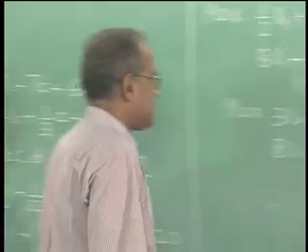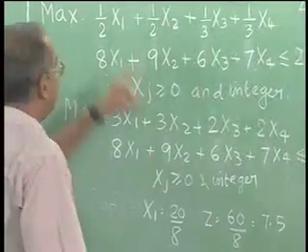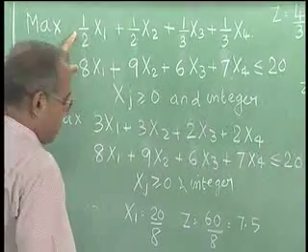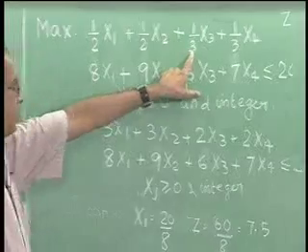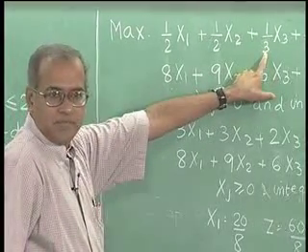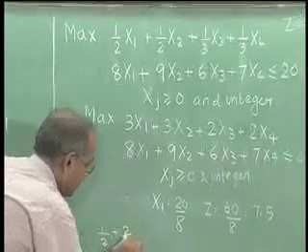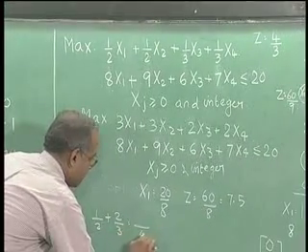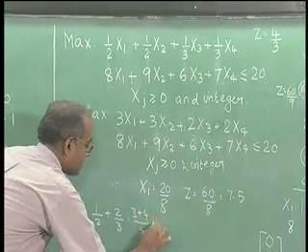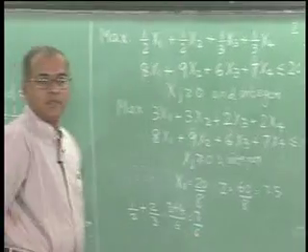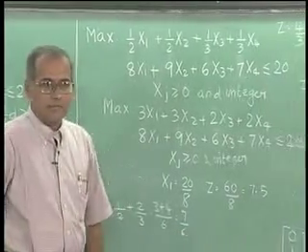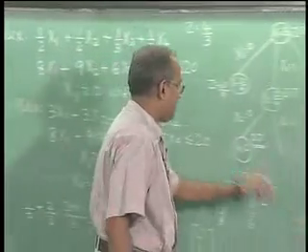We now go back and check from here, x1 is equal to 1, so 1 by 2 plus 2 by 3. So 1 by 2 plus 2 by 3 is 7 by 6, which is greater than 1, and we got a solution of 7 here.